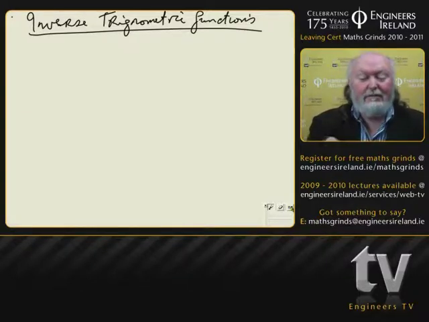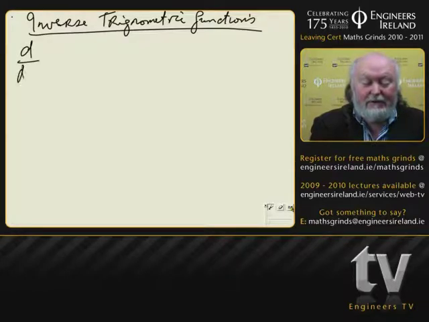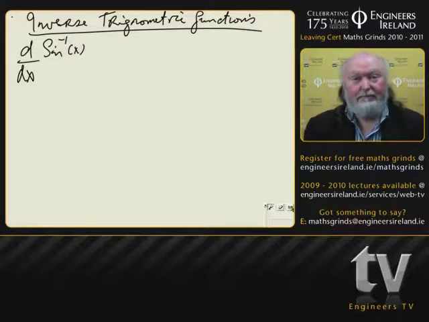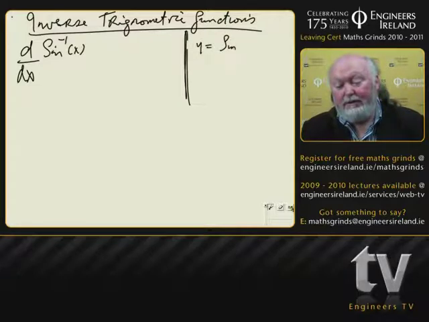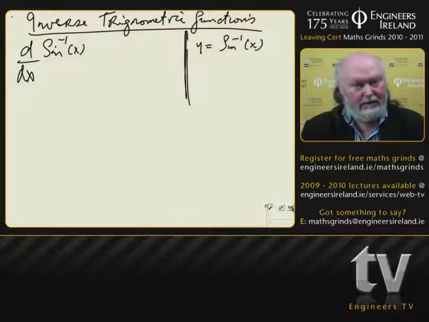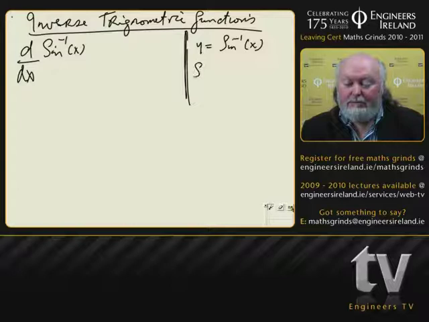How do we differentiate them? For example, what's the d dx of inverse sine x? What we need to understand is if y is equal to the inverse sine of x, what we are saying here in a nice roundabout way is something a lot simpler, that the sine of y is x.